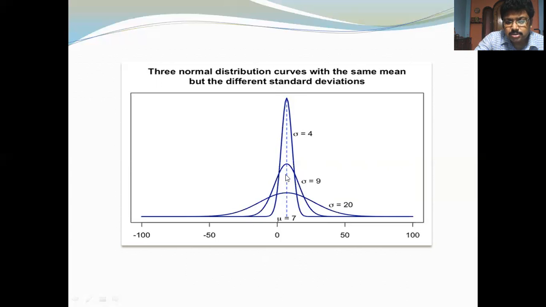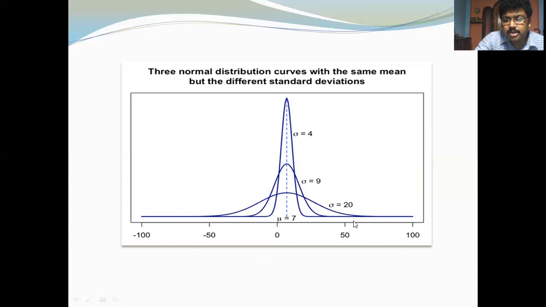When the standard deviation is 9, it is wider. Look, it is wider and flatter compared to the normal distribution curve where the standard deviation is 4. Dispersion in the random variable is high.